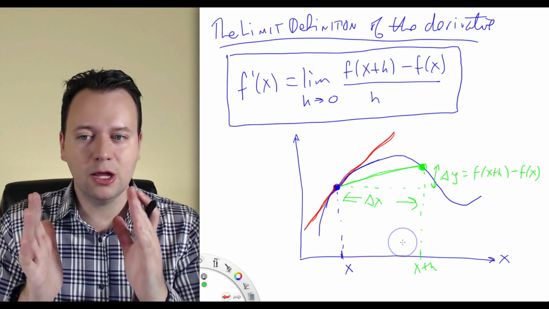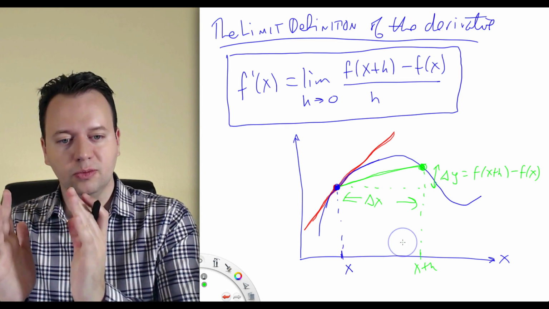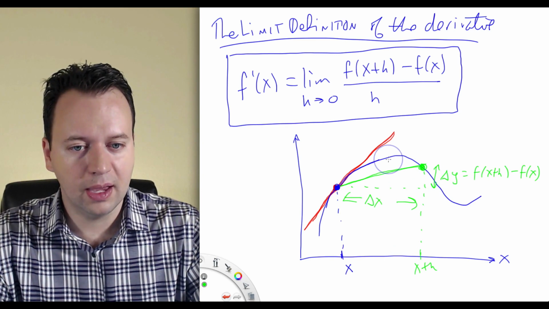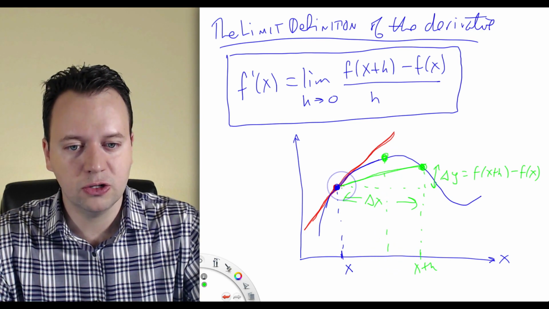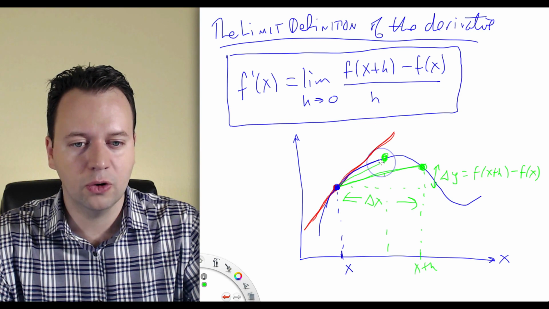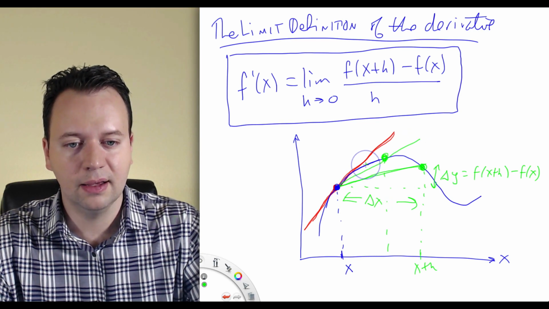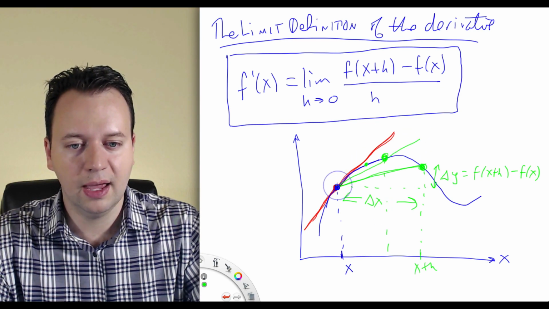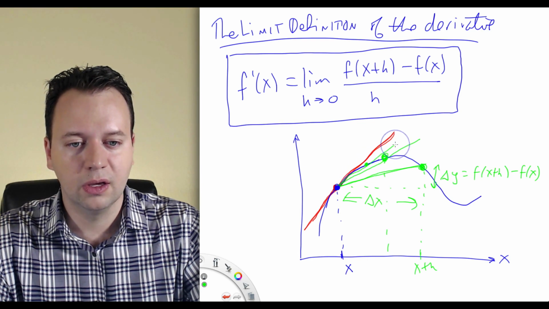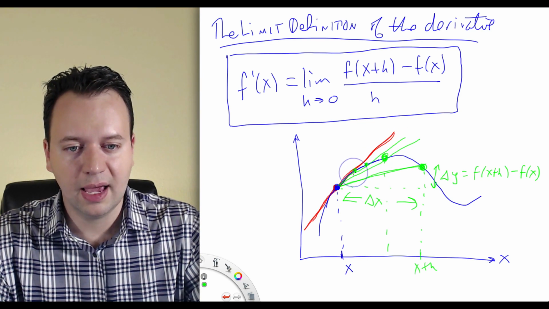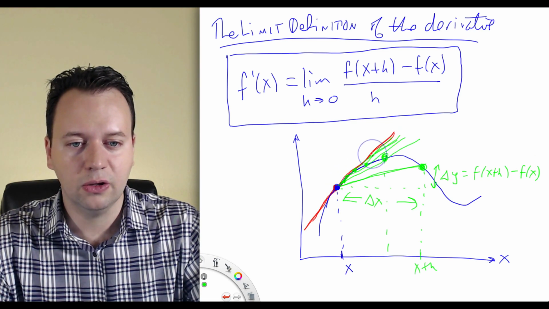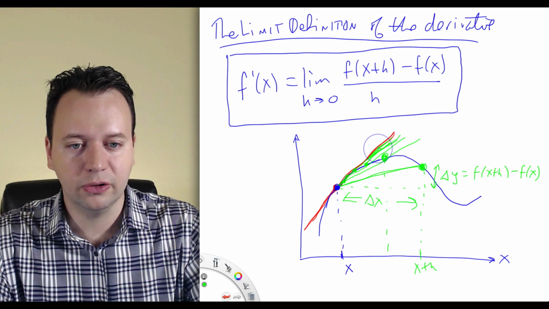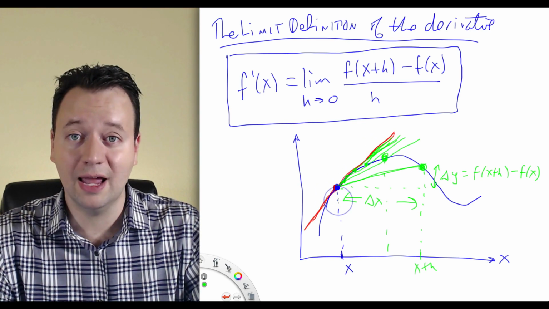So as we let h go to 0, h just marches towards 0, we get values closer and closer to 0. So this would be a closer value of h, and then that difference quotient will return the slope of that secant line. And as h gets closer to 0 again, the difference quotient returns the slope of this secant line. And as h marches closer and closer together, these secant lines, like a fan, get closer and closer to the tangent line.